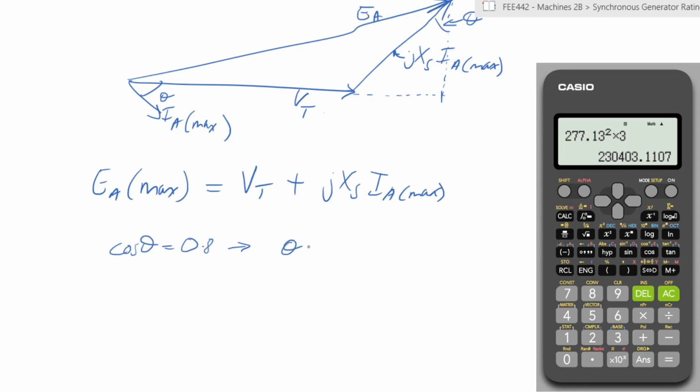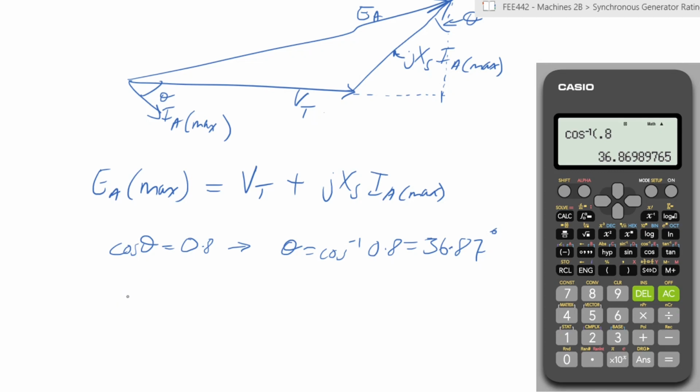That then gives us theta equal to cos inverse of 0.8, which gives the angle theta equal to 36.87 degrees. So that's the angle.